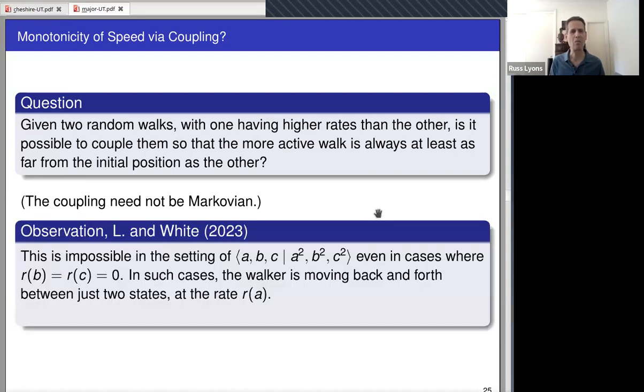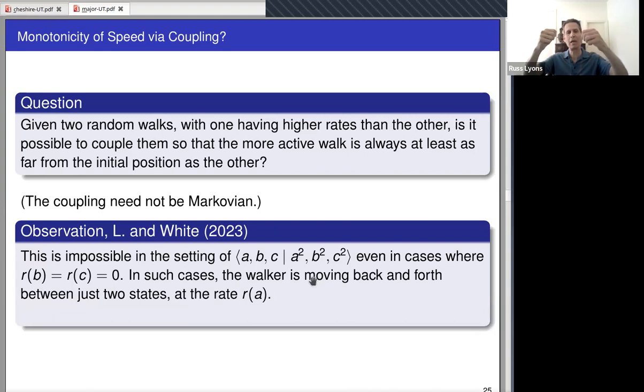Well, with Grimm-White, we observed that this is impossible, even in the setting of trees, even when 2 of the rates are 0. That means the walker is just moving back and forth between 2 states. If I have this coupling, that means the other one has to stay at this further endpoint than the starting one, for as long as the lazy one does.